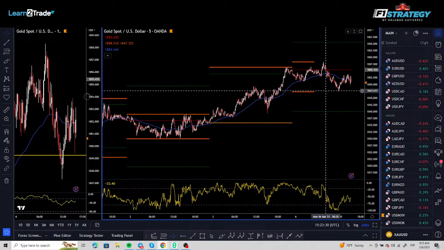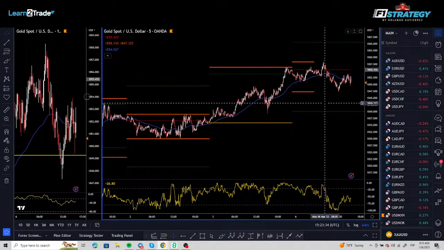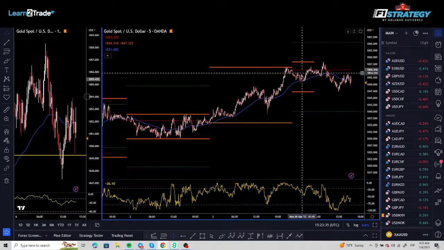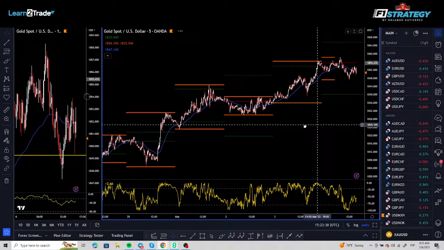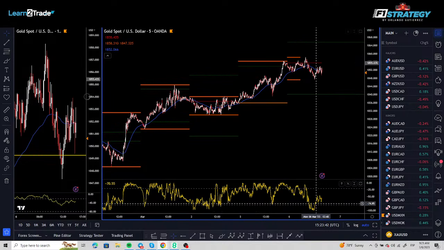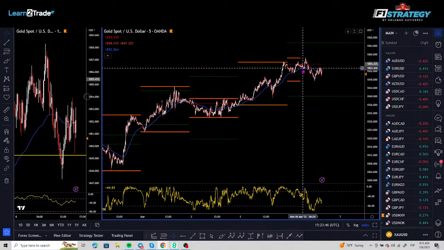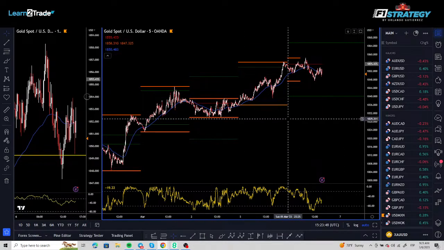There were no setups, because the F1 strategy is a breakout strategy that focuses on strong markets, right? And we use divergence on this oscillator to pinpoint our entries. Now, today there was not an F1 strategy setup. This is gold, by the way.